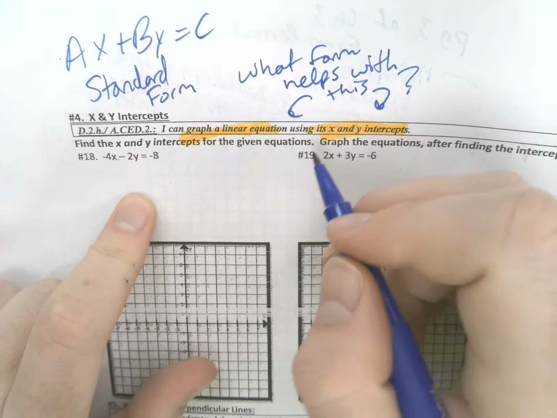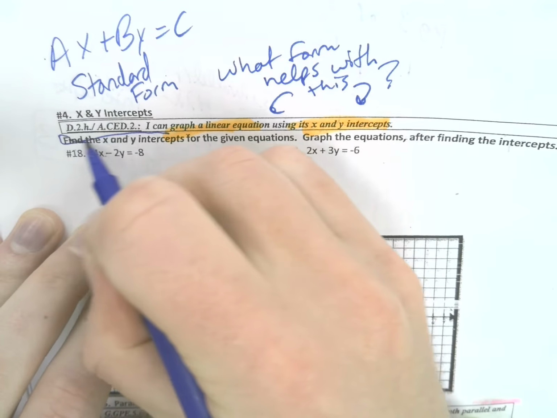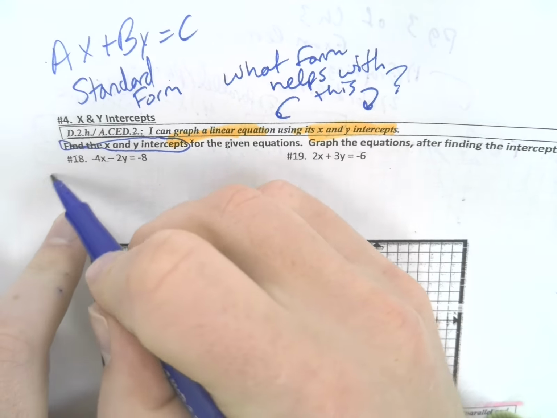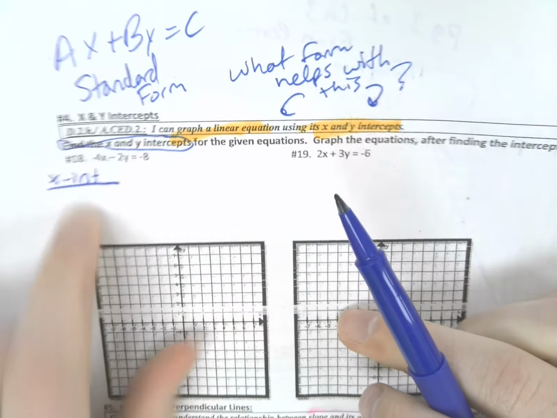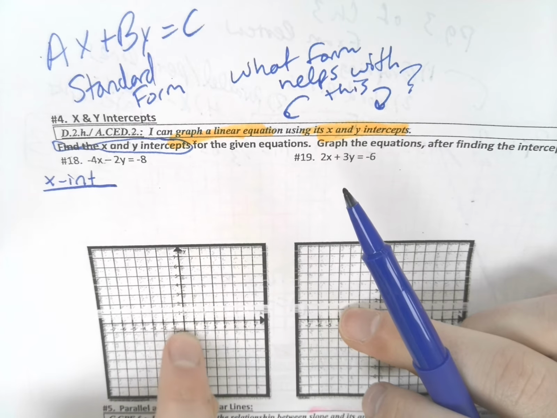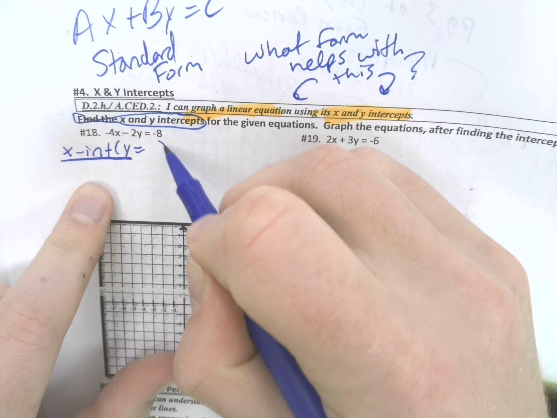That means in order to find x and y intercepts, all we need to do is do the algebra. So to find the x-intercept, that's going to be a point that is on the x-axis. And if it is a point on the x-axis, what do we know y is going to equal?